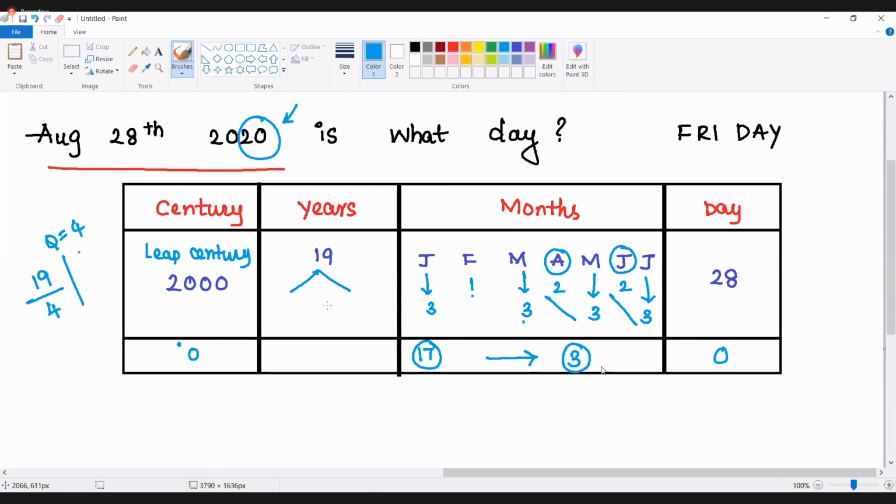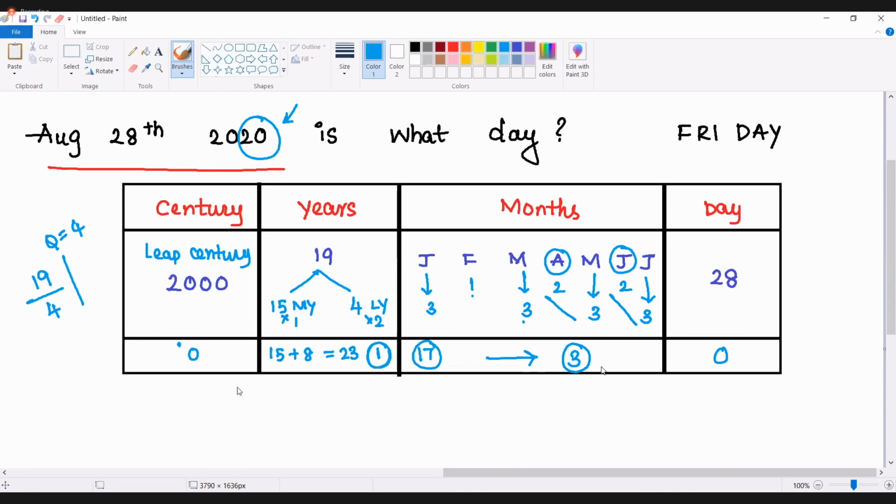That means out of 19 years, 4 are going to be leap years, remaining 15 are going to be non-leap years. Non-leap year will have 1 odd day, 15 into 1 is 15. Leap year will have 2 odd days, 4 into 2 is going to be 8. So 15 plus 8 is giving a result of 23. So 7 threes are 21, we are left with the remainder as 1. That means we can say number of odd days are 1.